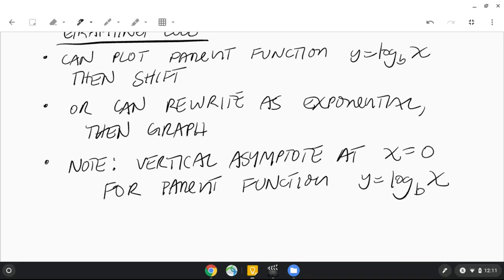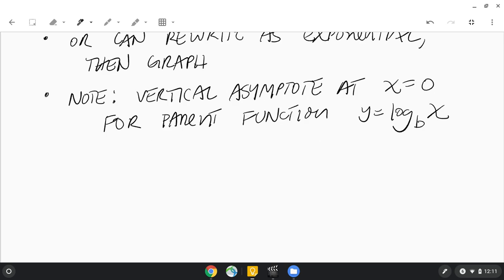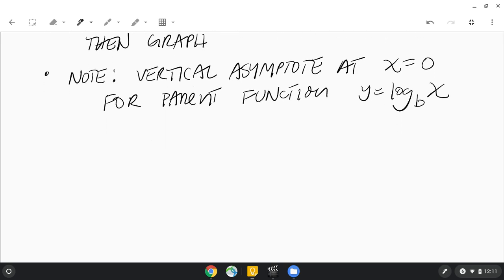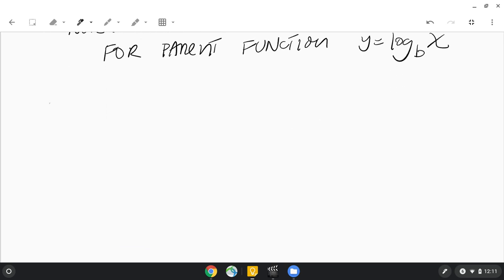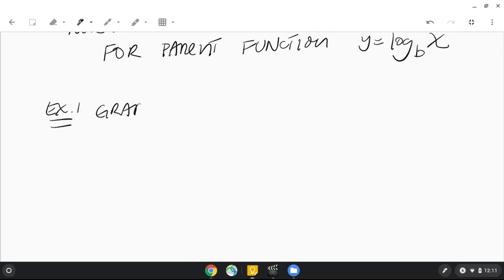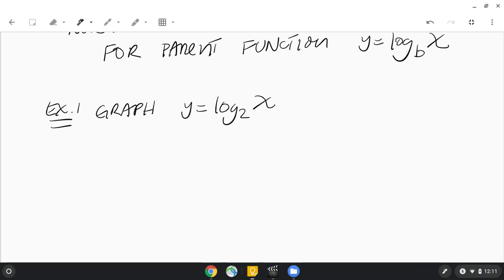So let's take a look at an example here. Let's go ahead and graph y equals log base 2 of x. I'm going to use the method of changing this to the exponential form.